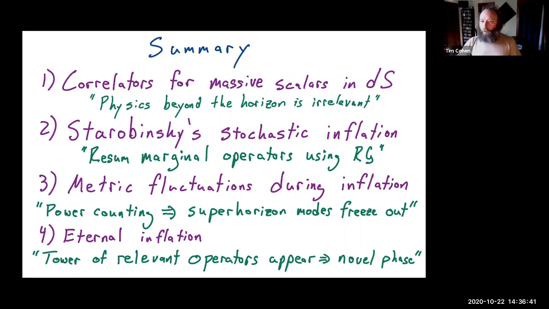You know why modes freeze out outside the horizon during inflation. It's just power counting. Interactions between super horizon modes are power suppressed. And we have a little bit of insight, at least, into why eternal inflation is interesting. Now there are relevant operators that appear, and so we really need to rethink the way we solve the theory. Okay, thank you so much for the invitation and for your attention.